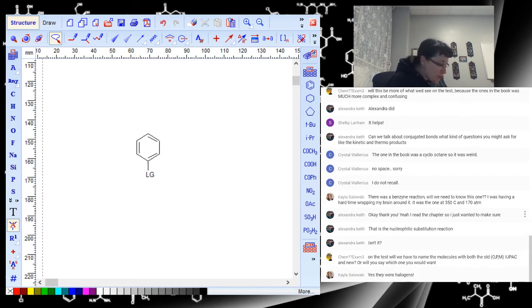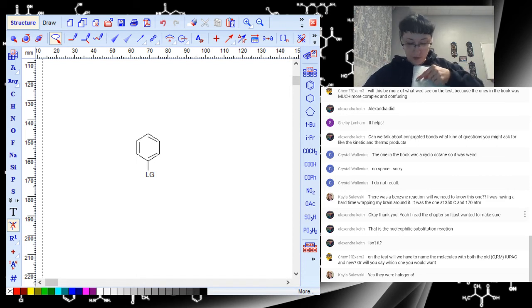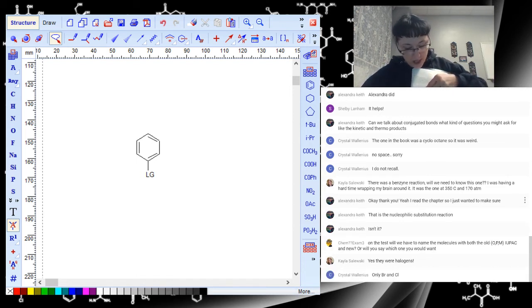Yeah, so your book shows a couple of examples, one's with chlorine and one's with bromine, both of which can undergo the same sort of E1, E2 type reaction that we've seen before, where you've heated it to the point where it's going to do it. Thank you, Crystal.